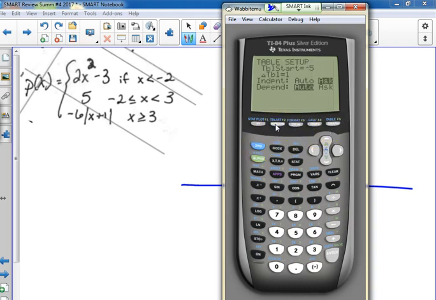Go to the table, and make sure in your table setup you have it on auto, because otherwise it's not going to generate values until you put them in. You could say I want it to go -2, -3, -4. This way, if it's on auto, it's already there. I just got to figure out some ordered pairs.